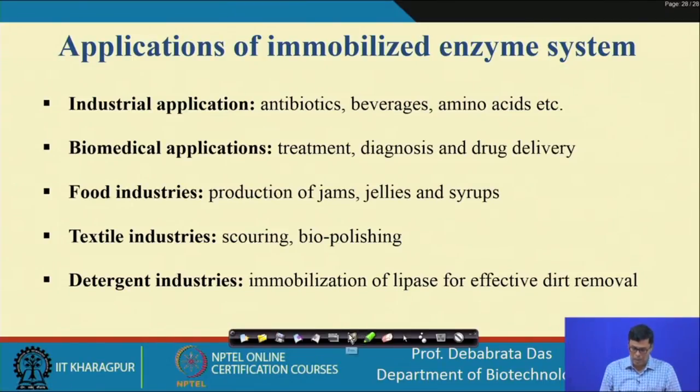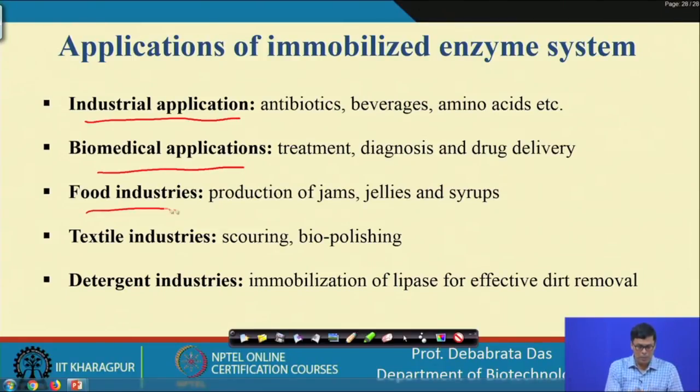As I told you, we have different applications: industrial application, biomedical application, food industry application, textile industry, and detergent industry. In the industrial application, we have the antibiotics.